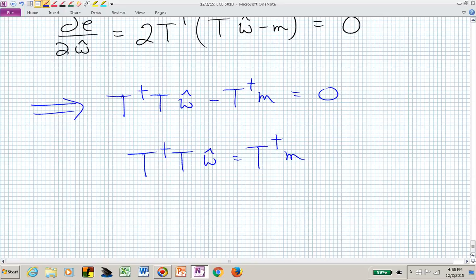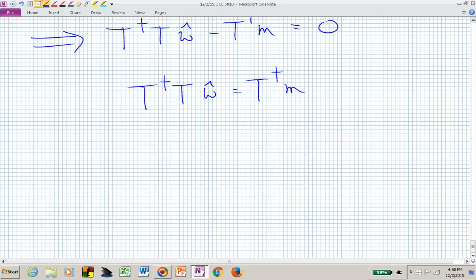But what do we know about T dagger T? It may be possible that that has an inverse. Let's say that T was tall and narrow. Then T dagger will be narrow and wide.